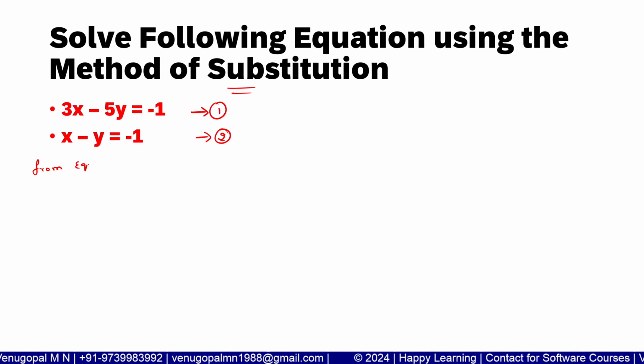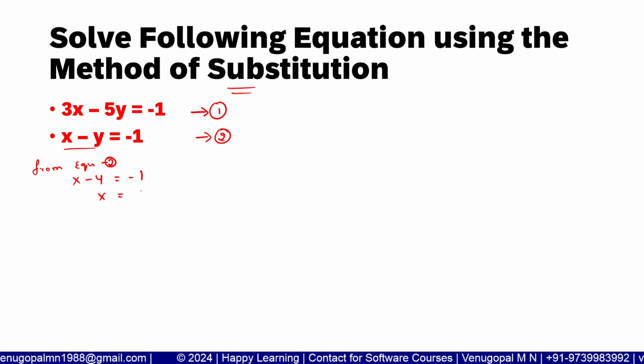From equation 2, let us take x minus y is equal to minus 1. Can we write this as x is equal to minus 1 plus y, because we are moving this y to the right hand side, minus y becomes plus y. So we have got the value of x.